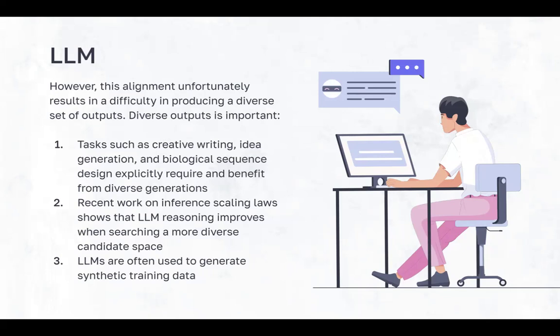Second, recent works on inference scaling laws show that LLM reasoning improves when searching a more diverse candidate space. And finally, LLMs are often used to generate synthetic training data. So, in brief, we need diverse outputs.